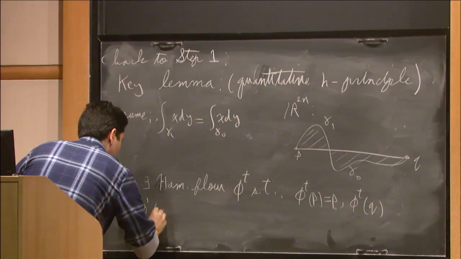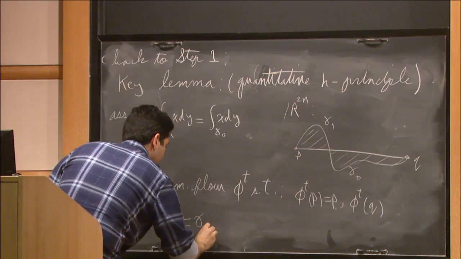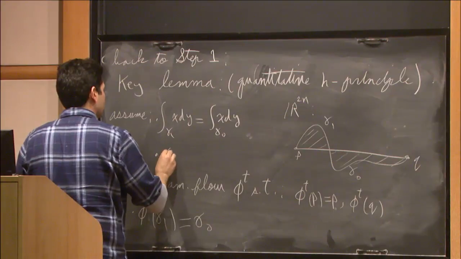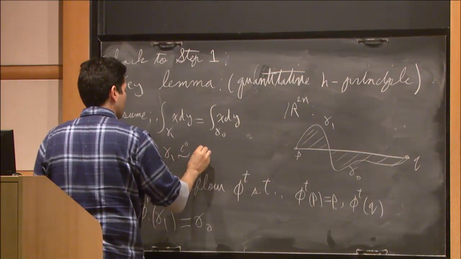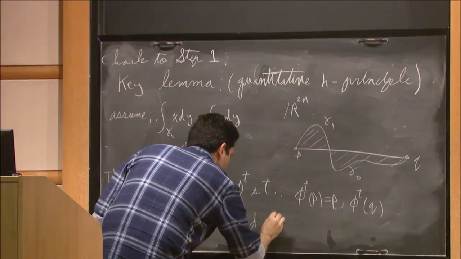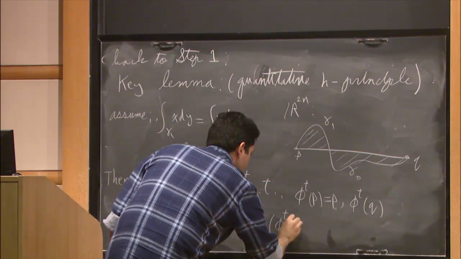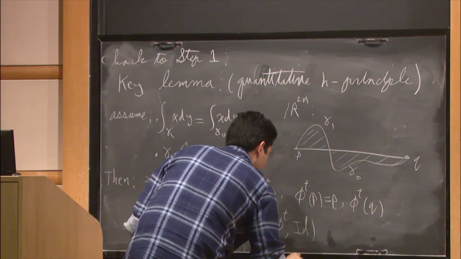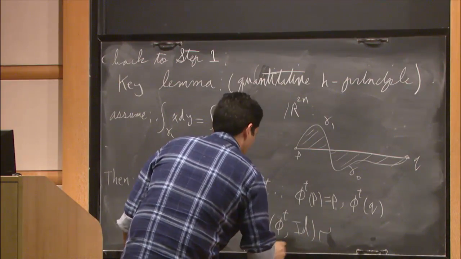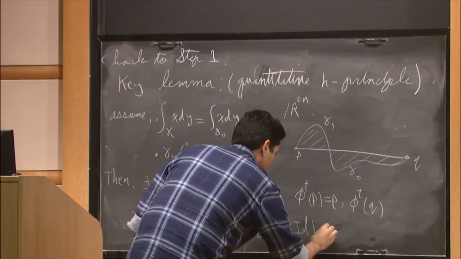That's an old fact, but here's what makes it a quantitative H principle. Suppose gamma 1 is C0 close to gamma 0. Then you can make sure that the whole isotopy is C0 close to the identity. C0 small.